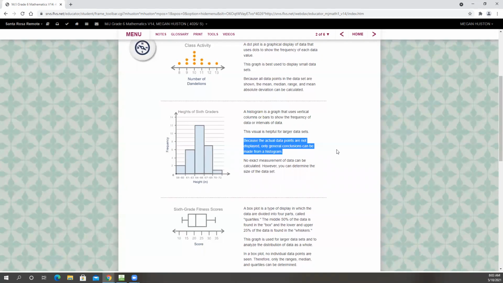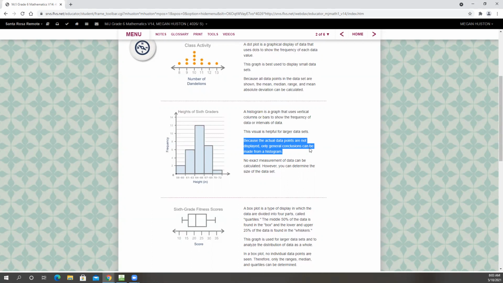So this is important. The data points are not displayed, okay? You don't know in this range of 58 to 60 what these 2 people, what their height actually was. It could be 58 and 59. It could be 58 and 60. You don't know. So you can make general observations and conclusions, but you can't give the exact mean, median, mode.